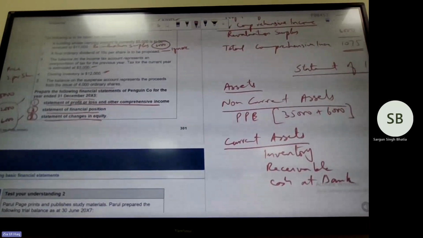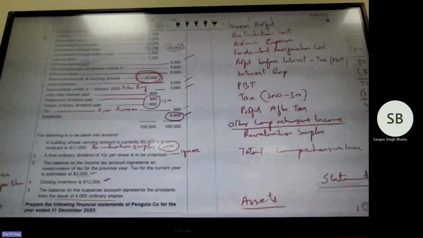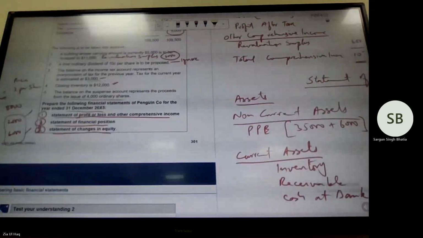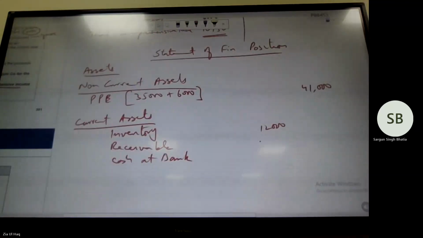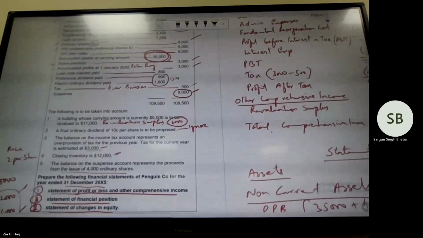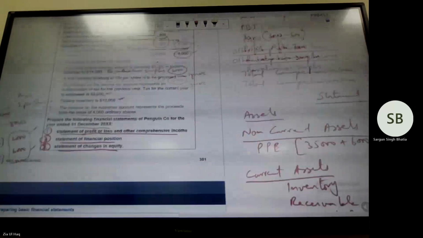So how much inventory do we have? 12,000. How much receivables do we have? Receivables of 10,000. How much cash at bank do we have? Cash at bank we have 7250.